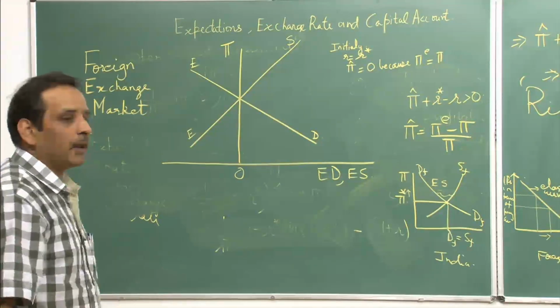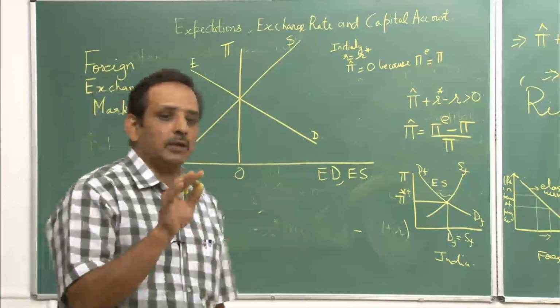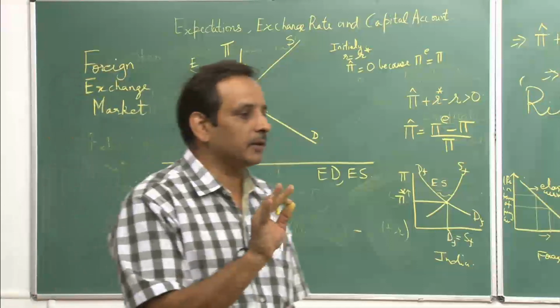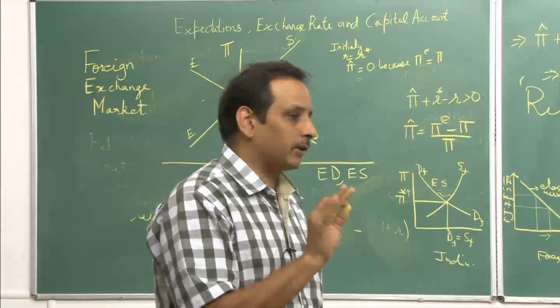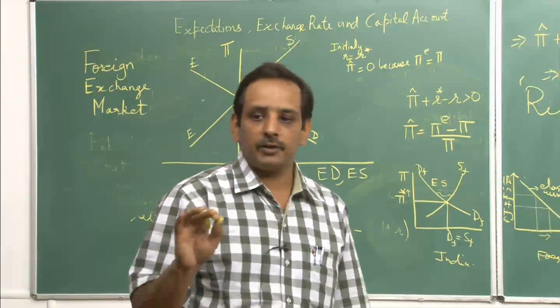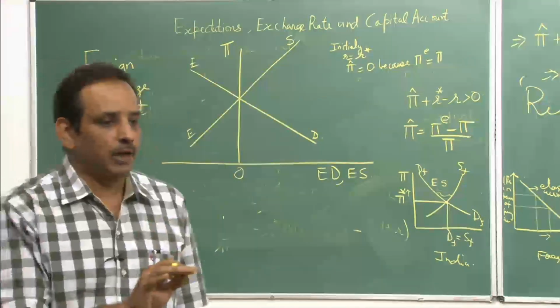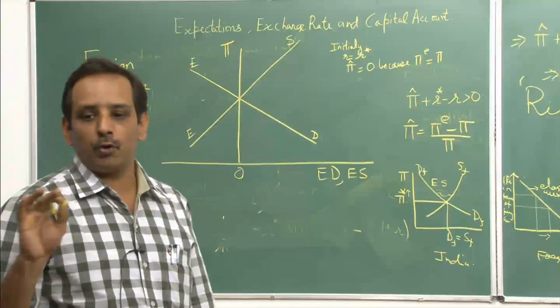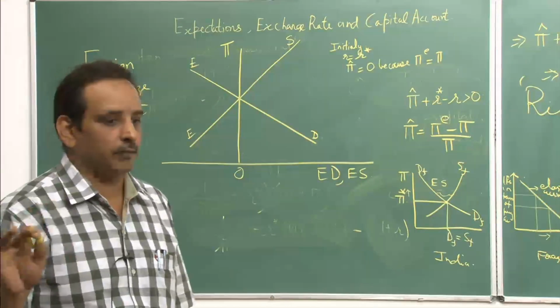There is an excess supply of foreign exchange because something happens in the economy. That something is that the Marshall-Lerner condition gets satisfied. Remember the Marshall-Lerner condition? A depreciation or a devaluation will improve the current account balance if the sum of the home and foreign import demand elasticities is greater than 1.